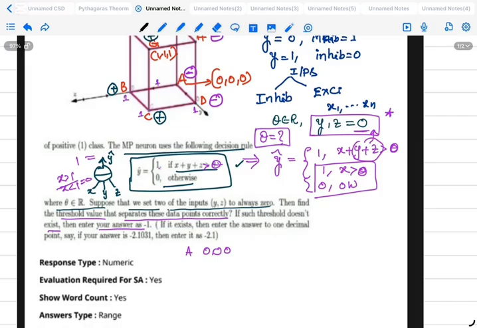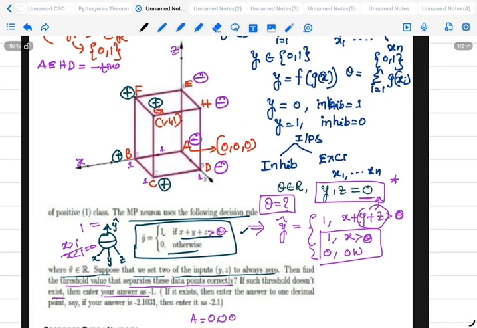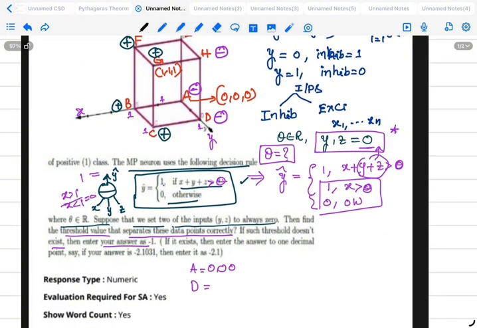So A equals 0 0 0, and D is the one where only the y coordinate is 1, so x, y, z is 0 1 0.